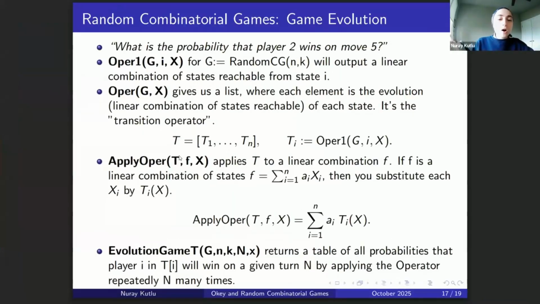And then we have apply oper, which applies T to a linear combination F. If F is a linear combination of states in this form, then you substitute each X sub i by T sub i of X. So let's take one of the linear combinations, and we can apply this operator on that linear combination using this function. Let's try that as well.